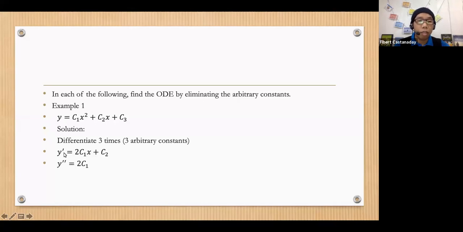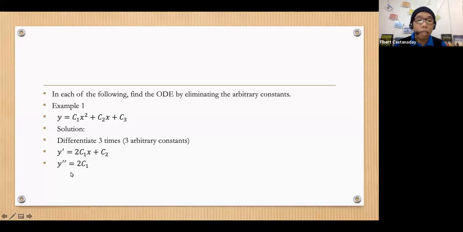So the next one, differentiating y prime, will give us y double prime on the right-hand side of the equation. So you have 2 c sub 1 x. Differentiate this: just copy 2 c sub 1 and differentiate x with respect to x. That is 1, plus the derivative of a constant is 0. So this is the result of our second differentiation.